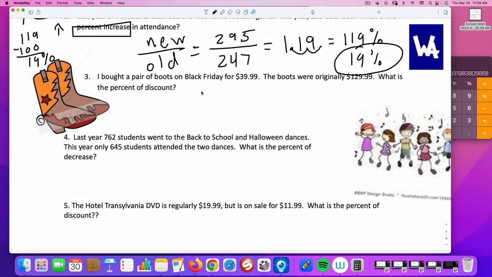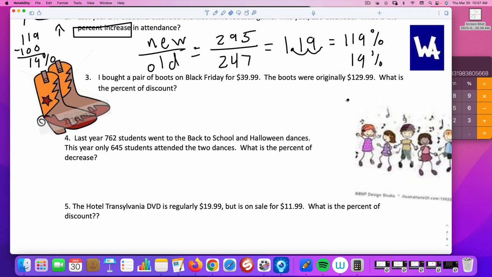Read number 3, please. Nora. What is my old number, the old price that I'm dealing with? $129.99 is the old original number.